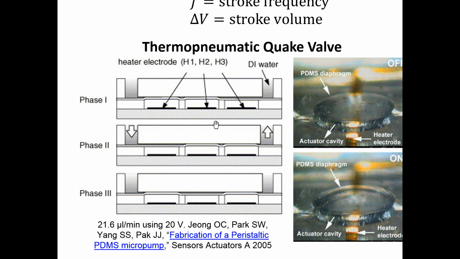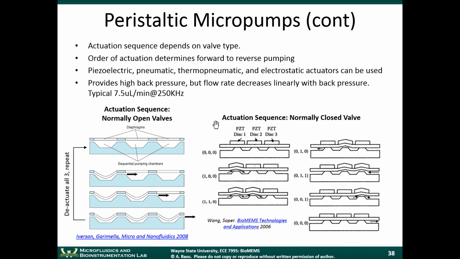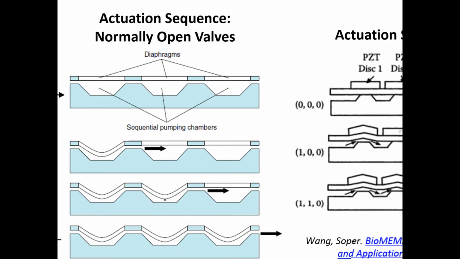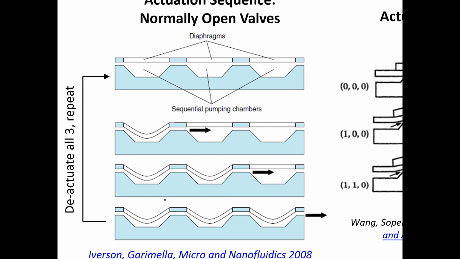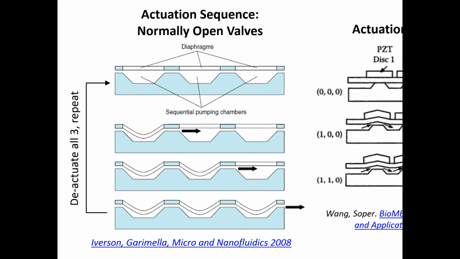Okay, there's several ways to think about this. Let's just jump forward to the next slide here, because I think that explains it better. There's a few different ways that you can control each one of these valves in succession to get a pumping effect. This is one way to do it. So let's say you have your 3 diaphragms, and this is the channel where the fluid is being pumped through.